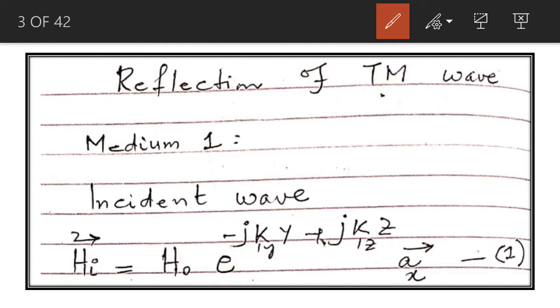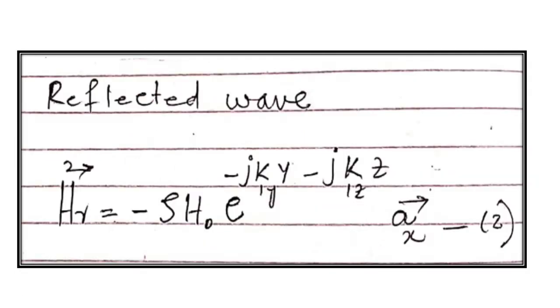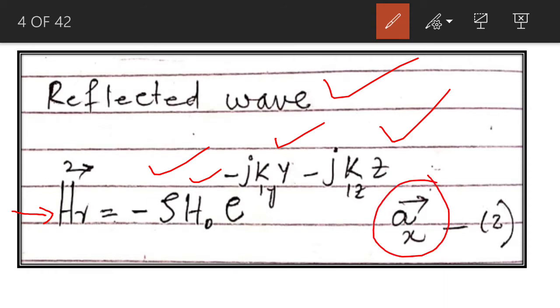So this is the magnetic field intensity of the incident wave in medium number 1. We consider the magnetic field intensity of the reflected wave in medium number 1. It is equal to minus rho H naught into e raised to power minus j k1 y y minus j k1 z z, and this unit vector represents the direction of this vector quantity.